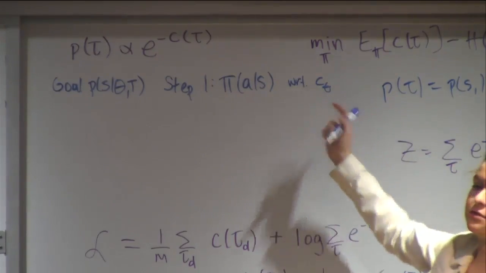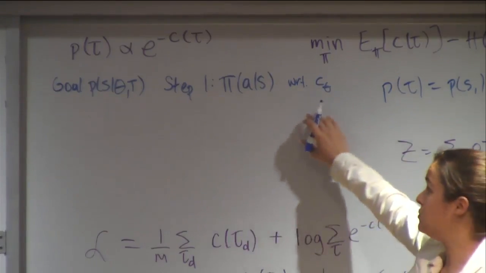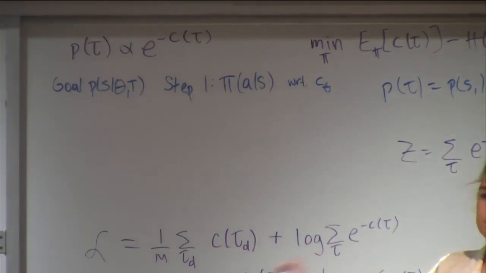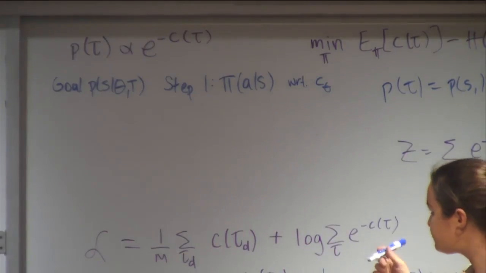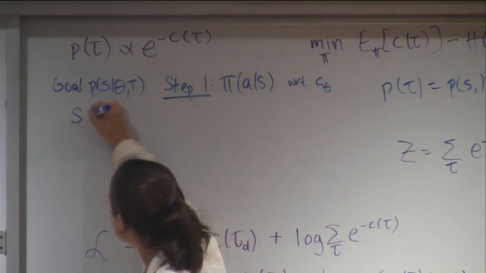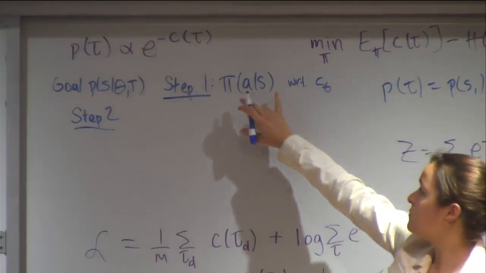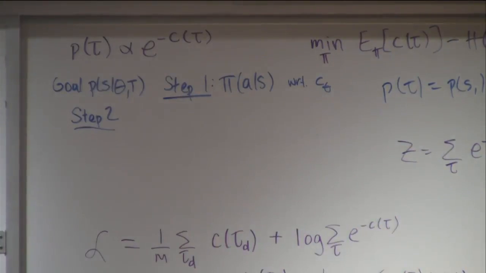The way that you can do this is just using value iteration, if you're in the tabular setting where you have discrete actions and discrete states. I'm not going to cover how you do this since we've covered value iteration in this course. So this is step one. Step two: we now have pi of a given s, and we know our transition dynamics P of s_{t+1} given s_t and a_t.